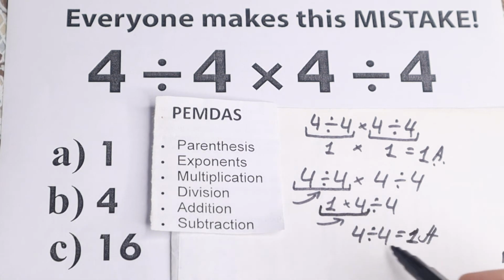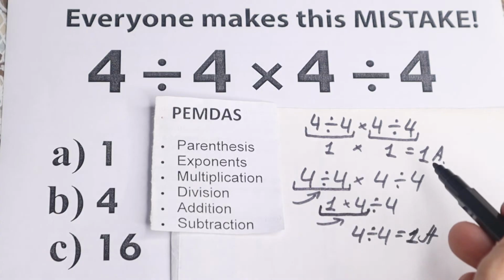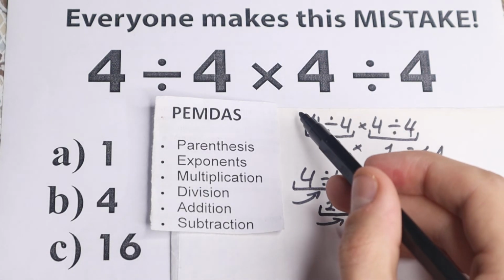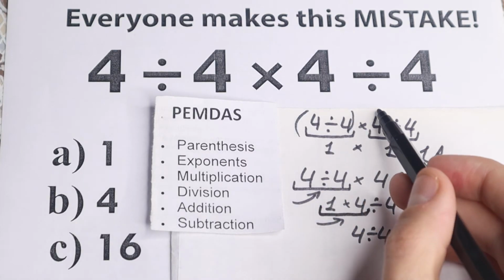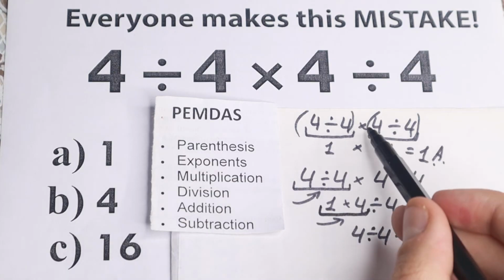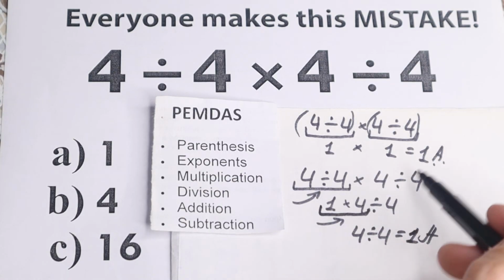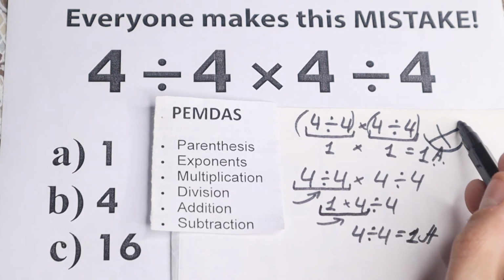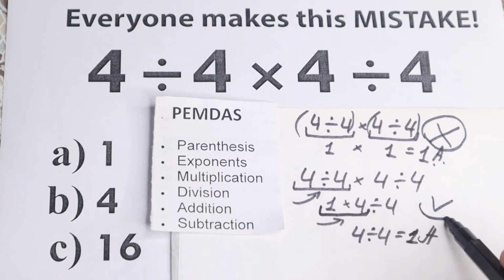So this is a correct answer, this is a correct solution. This is a correct answer, but this is a wrong solution. But one really interesting moment: if you put parentheses right here, 1 will be the correct solution in this case, yeah? So if we start from parentheses, we have 1. But in our case, this approach is incorrect. This approach is the correct approach.